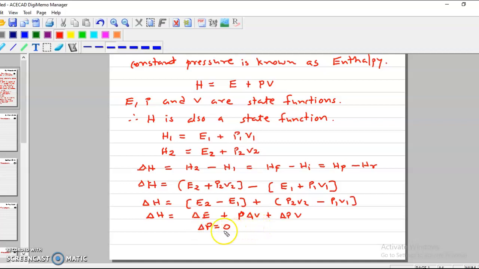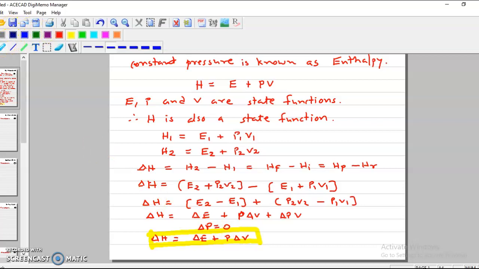Therefore, delta H is equal to delta E plus P delta V. So this is an equation used to find out enthalpy change from internal energy change and work done.